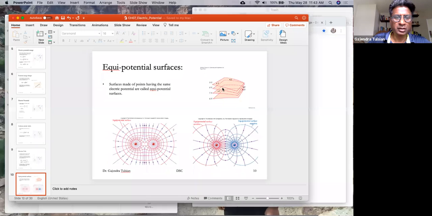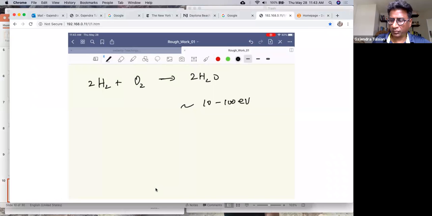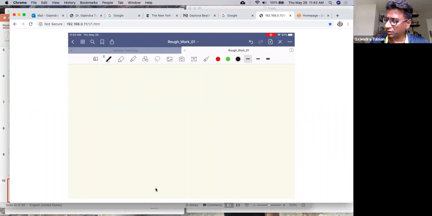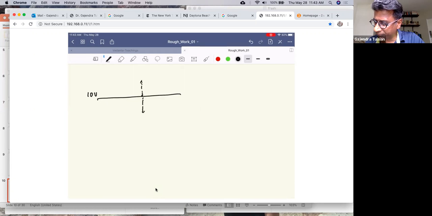So let's say here's a surface that's an equipotential surface. Let's say everywhere on that surface, the electric potential is 10 volts. Now if you wanted to calculate the electric field at this point on the surface, the electric field is perpendicular to the surface. So there are two perpendiculars to the surface, this one and this one.